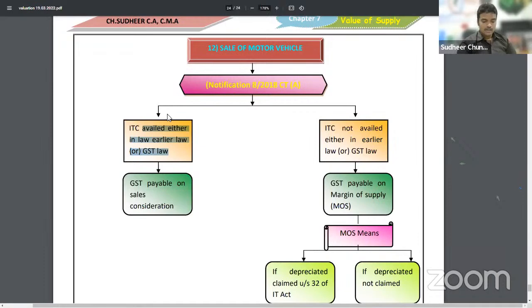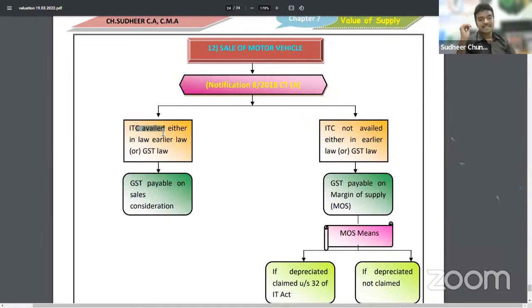Okay. So here, when ITC is availed under earlier law or GST law, then at the time of selling such motor vehicle, GST is payable on the sale consideration. Sir, I have purchased a motor vehicle.